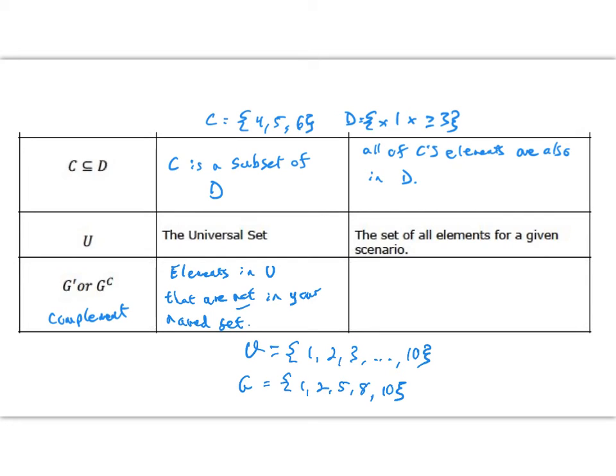So what does that mean for the complement? Well, the complement of set G is all the numbers that are in U that aren't in G already. So 3, 4, 6, 7, and 9, those are the numbers that are in our universal set, but they are not in set G.